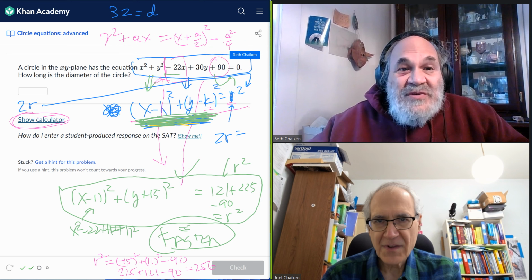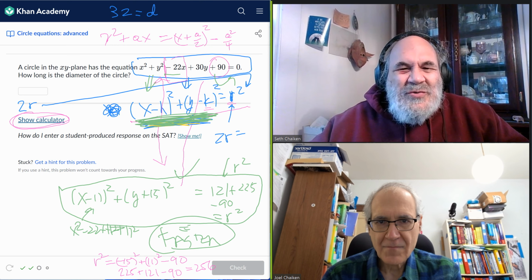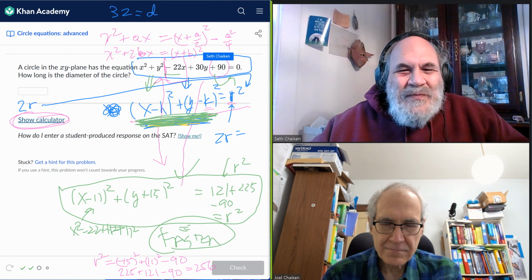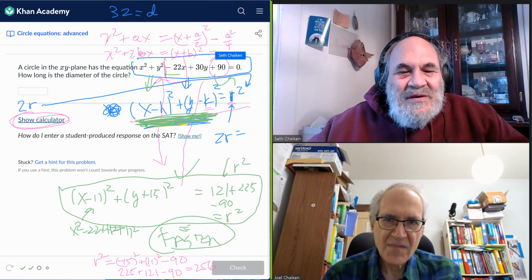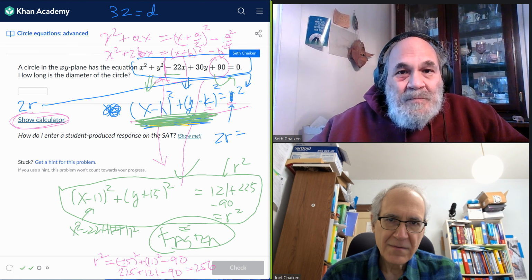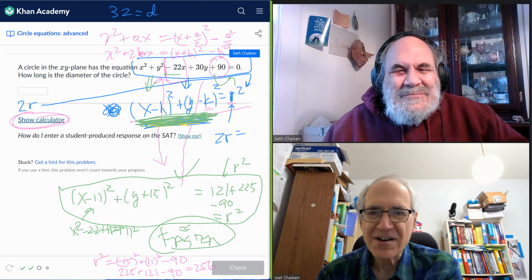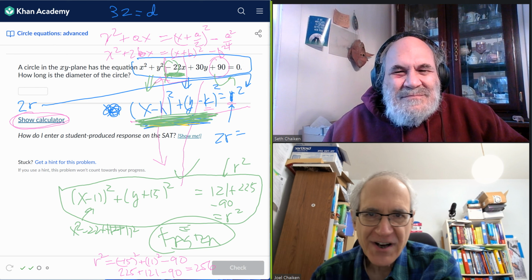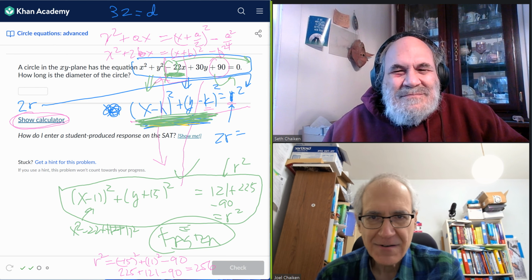It's easier to write x squared plus 2bx equals x plus b, squared, minus b squared. Basically, you cut this coefficient in half, and then you add the square of that half-coefficient to the other side to balance it.